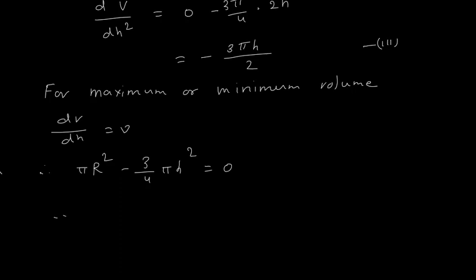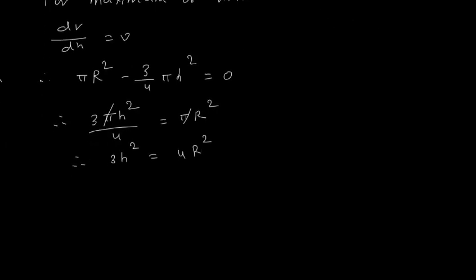Therefore 3 pi H square upon 4 equals pi R square. The pi cancels, and I have 3H square equals 4R square, and this gives me the value of H. Therefore H square is equal to 4 upon 3 R square, so H is equal to 2 upon root 3 R.